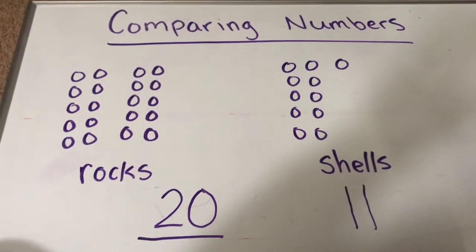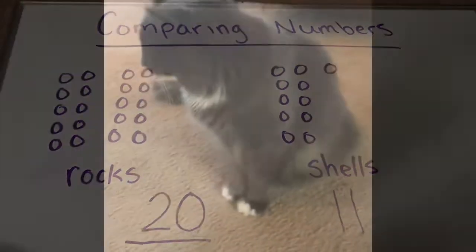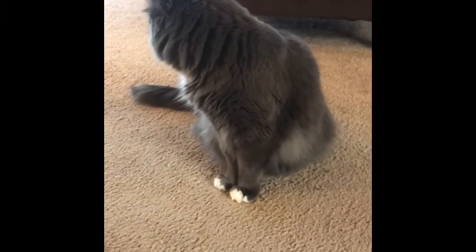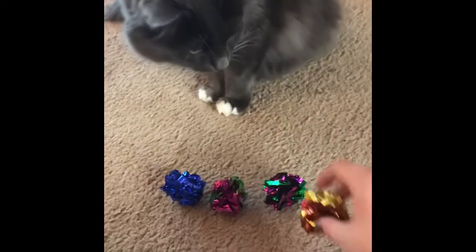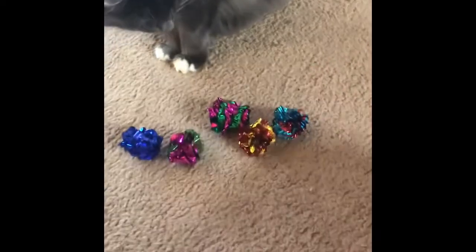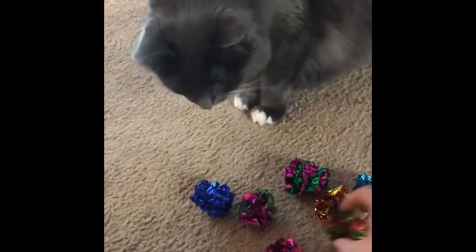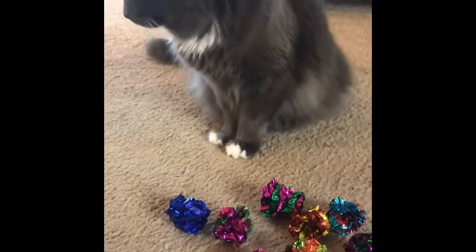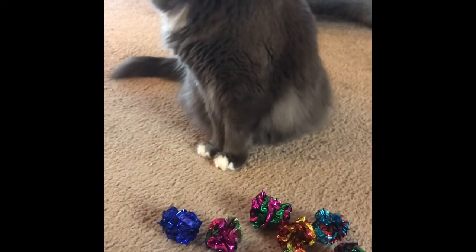Let's see who we're going to talk to next. Nimbus loves crinkle balls. How many crinkle balls do you have, Nimbus? 1, 2, 3, 4, 5, 6, 7, 8. Nimbus has 8 crinkle balls. Right? Minerva's ready to count her toys.